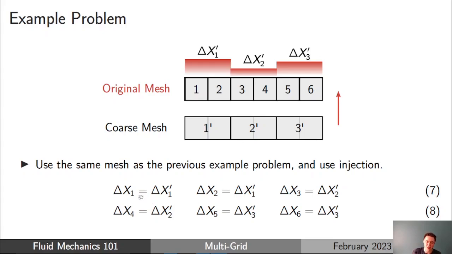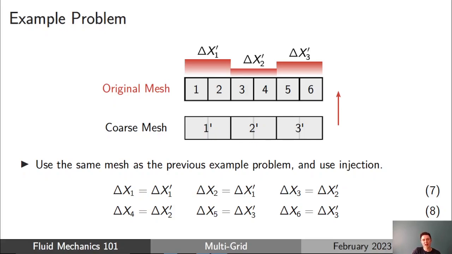So we have 6 equations, and of course delta x1 is just equal to delta x1 prime because we're using injection. Delta x2 is also equal to delta x1 prime. The same for delta x3, which is just equal to delta x2 prime. Delta x4 is equal to delta x2 prime, and so on. We're just using injection to move between the two meshes.